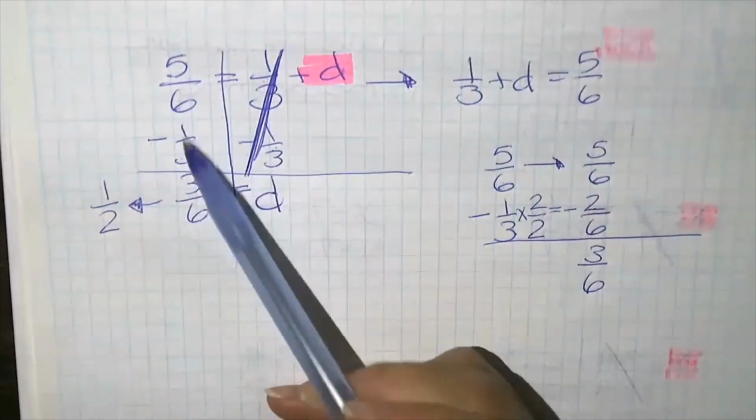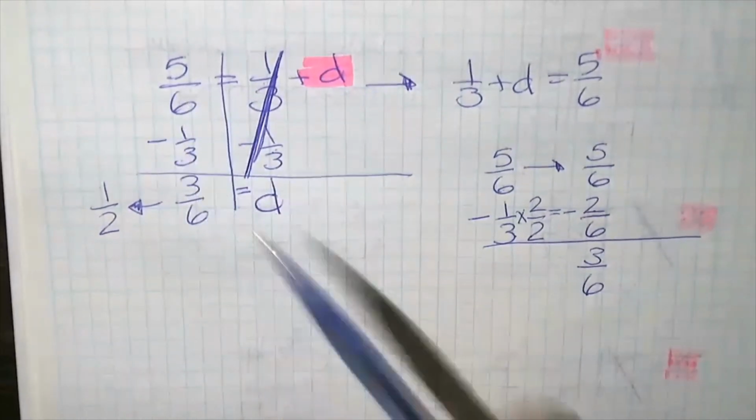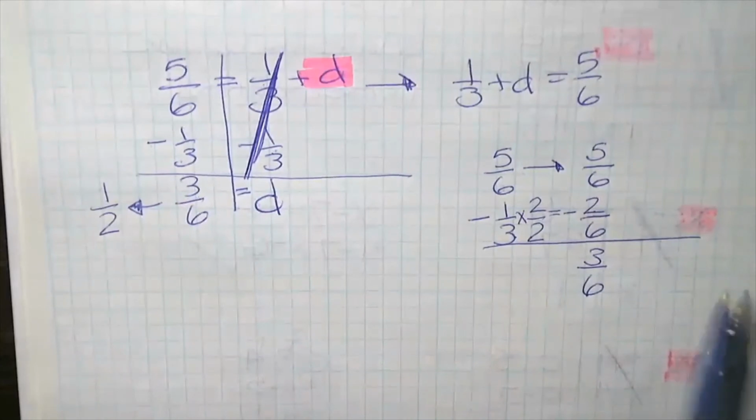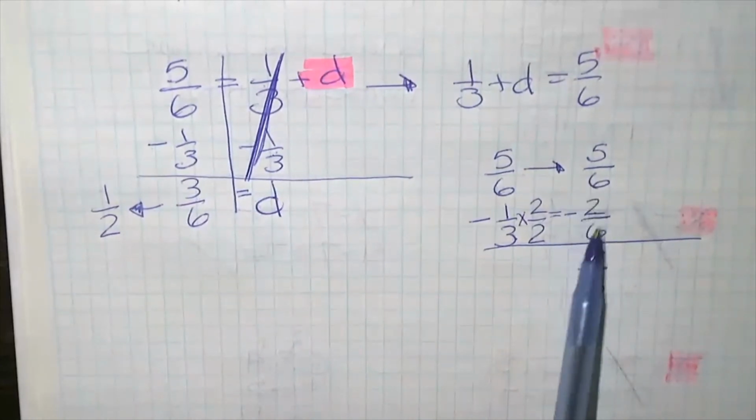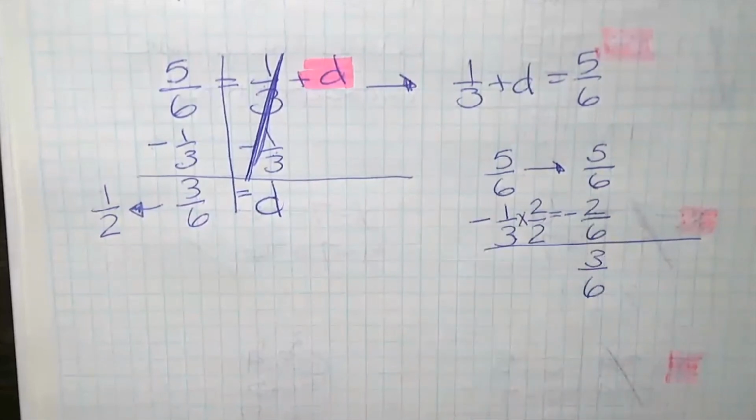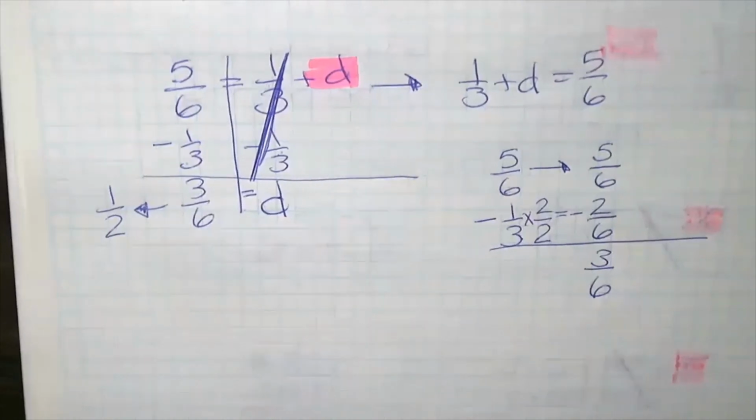So when you've got fractions that have different denominators, don't forget your fraction rules. You have to find a common denominator to add and subtract fractions. Okay, I've got one more example.